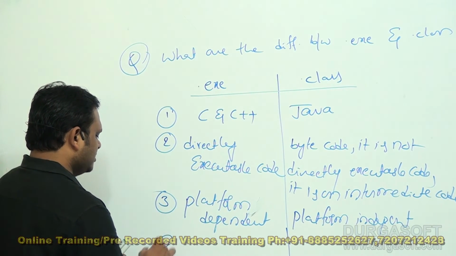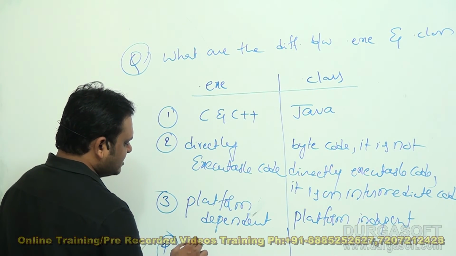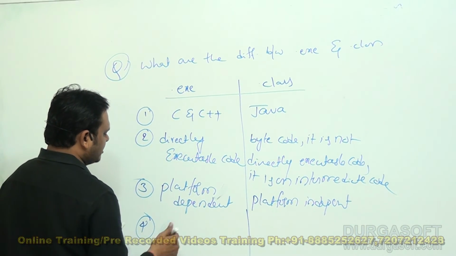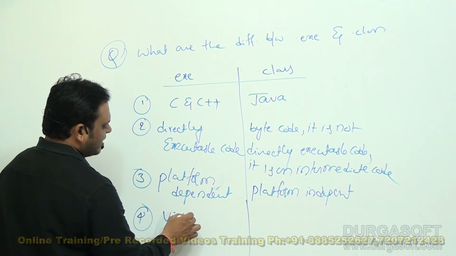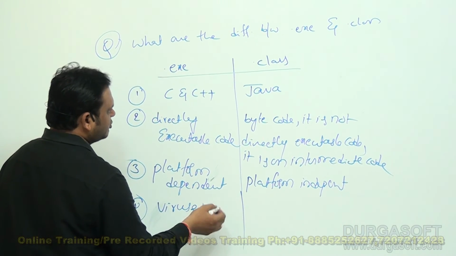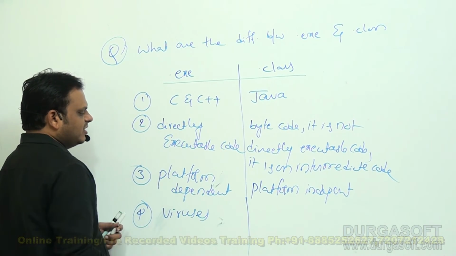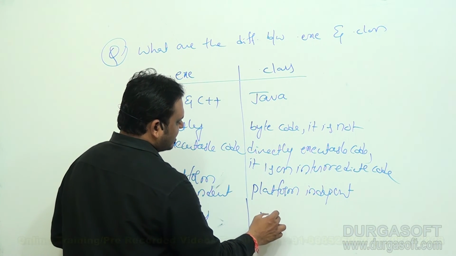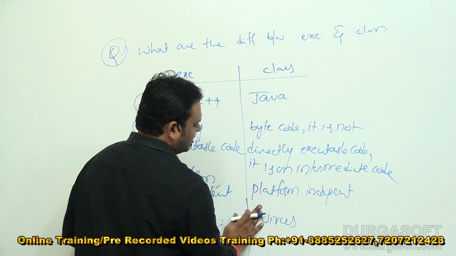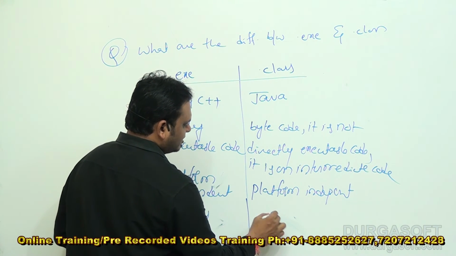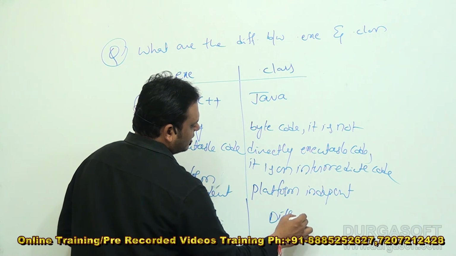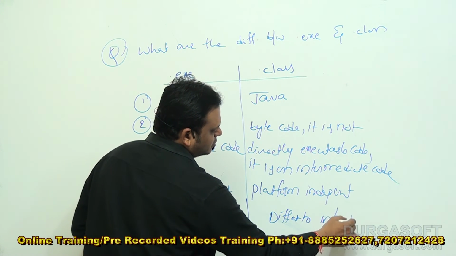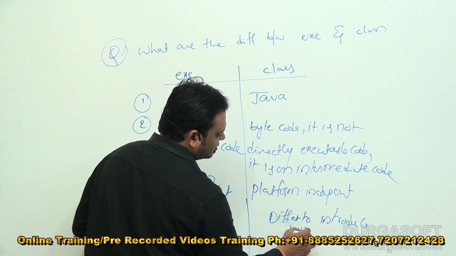And the fourth one: it is very simple to introduce viruses kind of software inside .exe files. Viruses kind of software are very simple to introduce inside the .exe file, but .class files do not allow viruses kind of software in a simplified manner. That means it is very difficult to introduce virus kind of software.